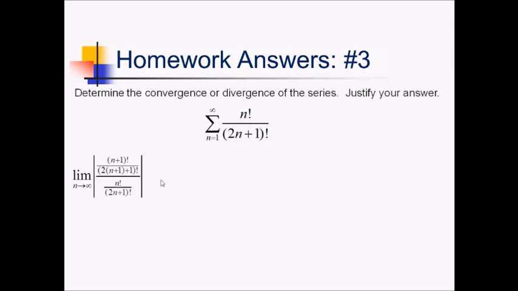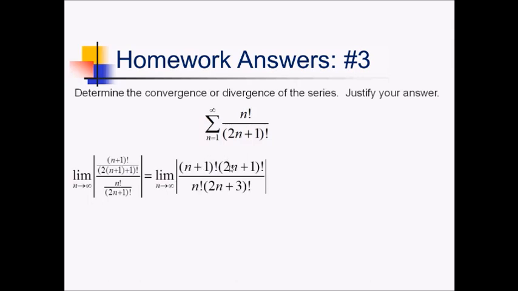Let's see if we can reduce all this. So in the numerator, I have n plus 1 factorial and 2n plus 1 factorial. In the denominator, this is going to be, let's see here, 2n plus 2 plus another one. It's 2n plus 3 factorial. And this n factorial is also down there. And let me reduce this as much as I can. n plus 1 factorial and n factorial mostly cancels out except for an n plus 1 up here.